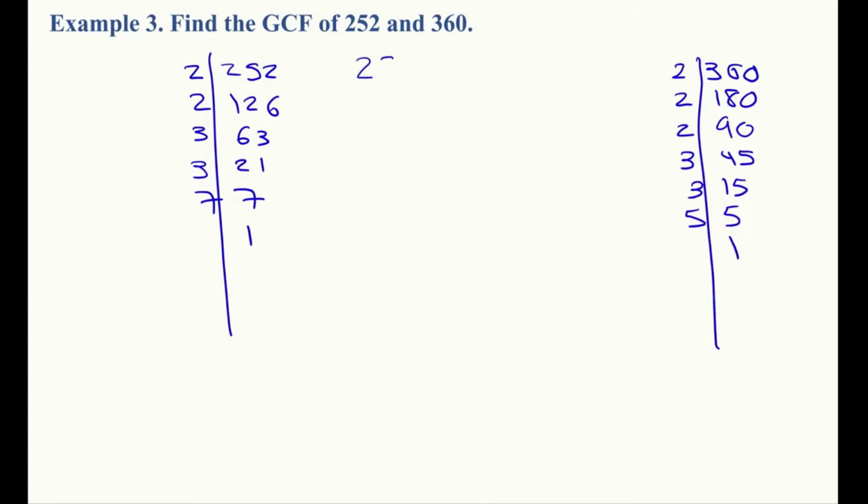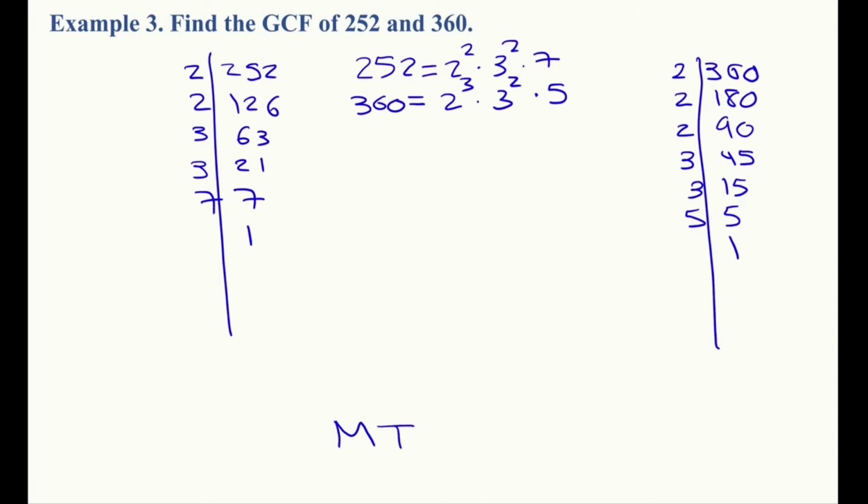So we can write 252 as 2 squared times 3 squared times 7, and we can write 360 as 2 cubed times 3 squared times 5, right? So first we're going to run through the process, which, remember, is to multiply the lowest powers of only the common factors to get the GCF.